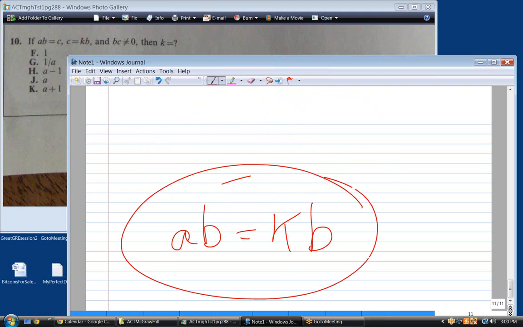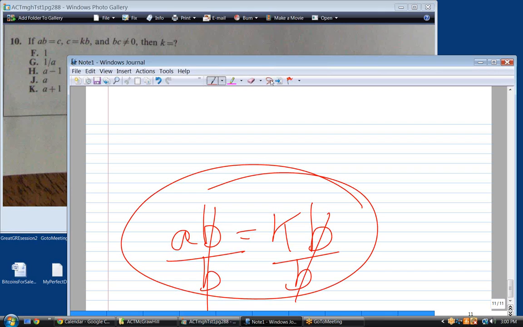So what's K equal to? Divide both sides by what? AB? How about just B? Oh, okay. If I divide this side by B and this side by B, the B's cancel and I get K equals what?